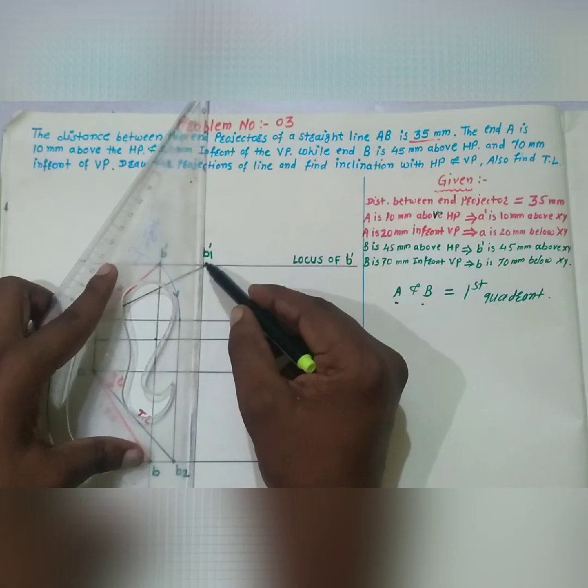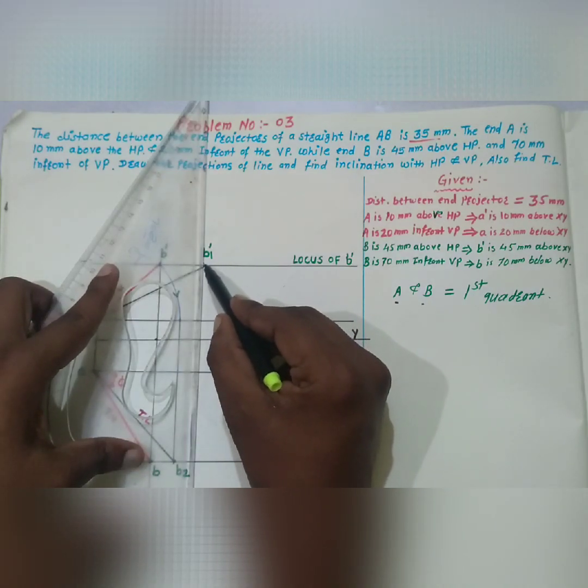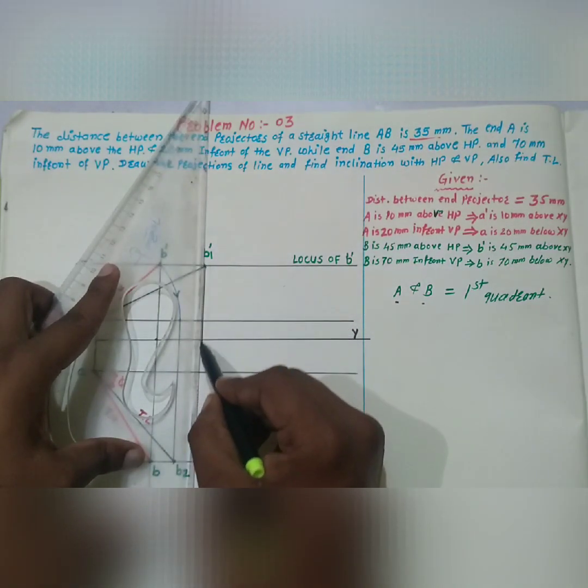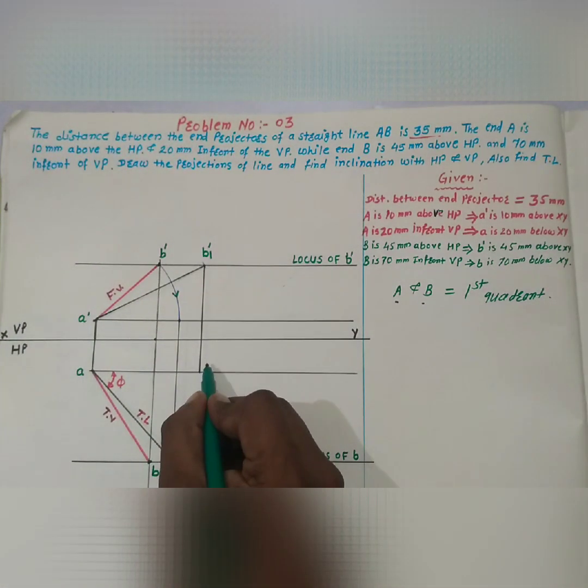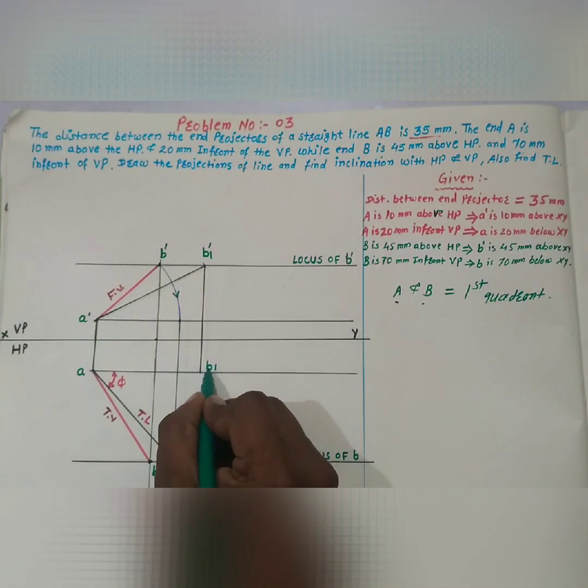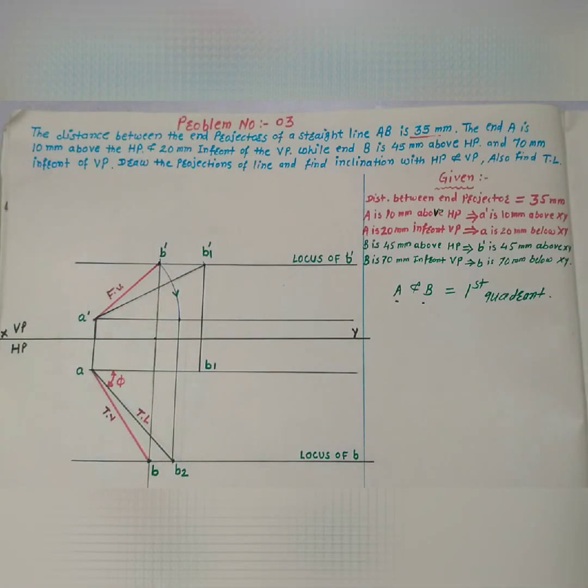From point B1 dash draw one straight line up to the locus of A, and you will get point B1.